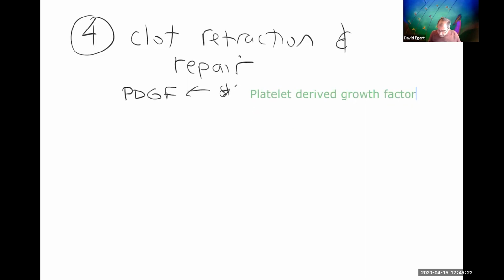And that is basically going to cause the cells, the endothelium and the tunica media, to all repair themselves. So this is going to repair the wall of the vessel.